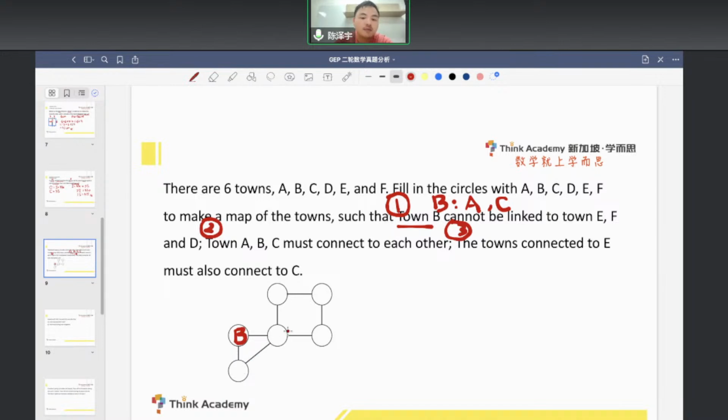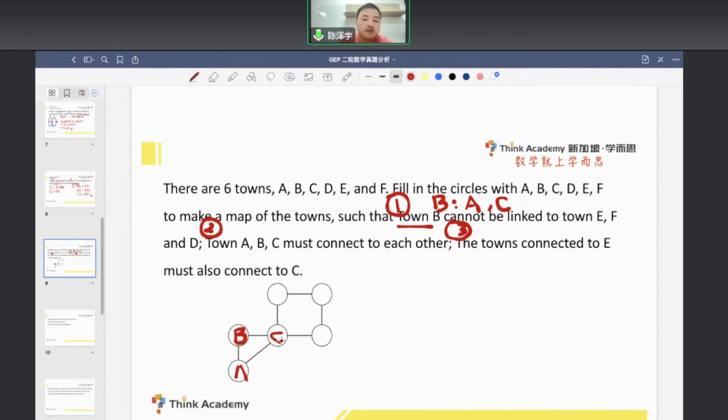So where is A? The third clue told us that the town connected to E must also connect to C. So C must be at this place.